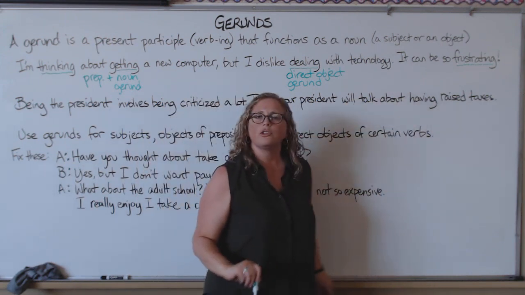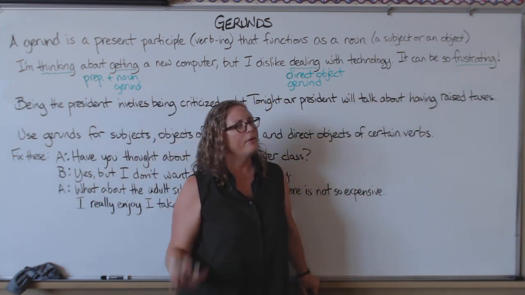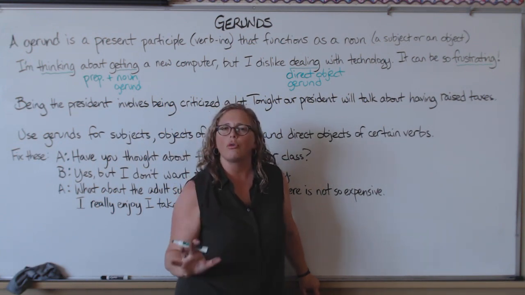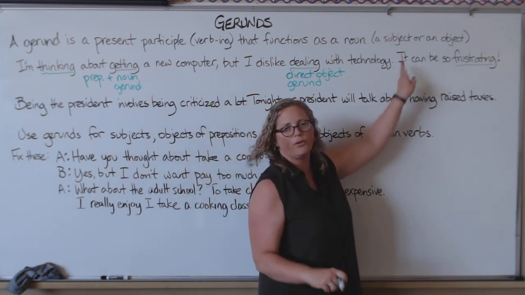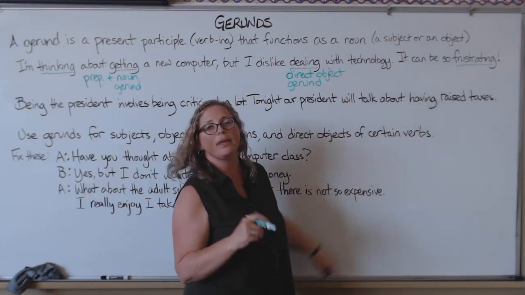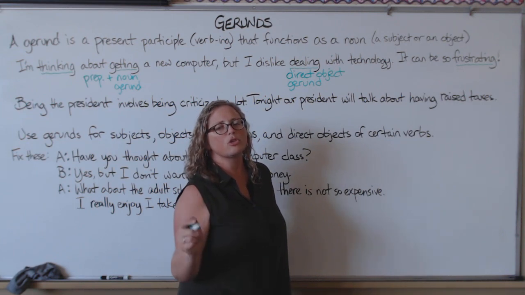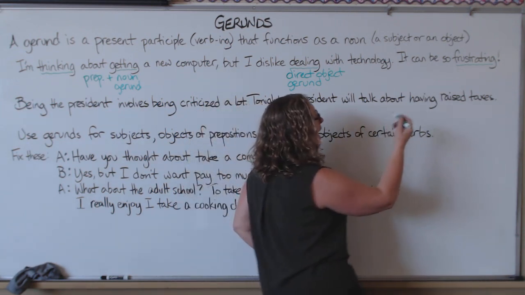It can be so frustrating. What about frustrating? Now, frustrating is a word that is describing the situation. It is referring to the situation, and frustrating is describing it. What kind of a word describes a noun? That would be an adjective.